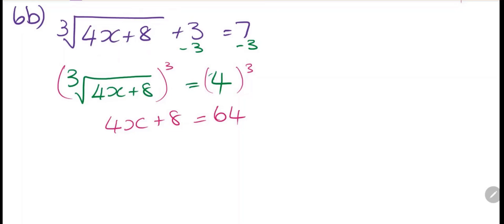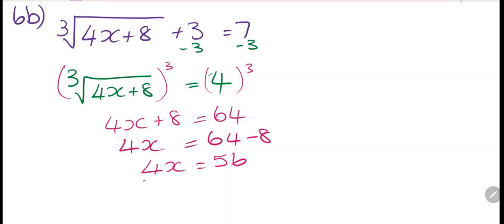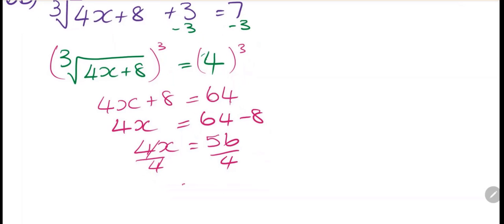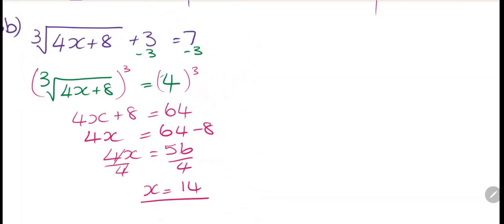So we'll have 4x is 64 minus 8. So 4x is 56. Divide both sides by 4. And x is equal to 14. So we just need to check that it's correct.